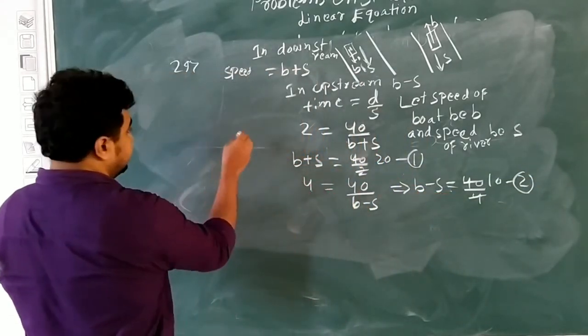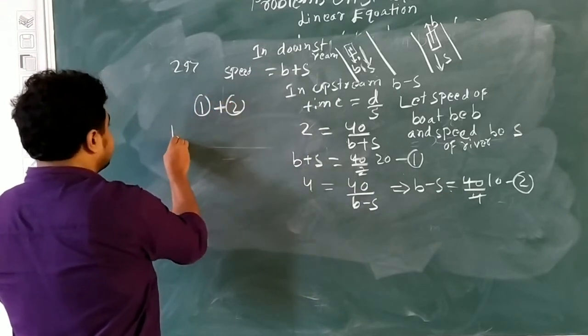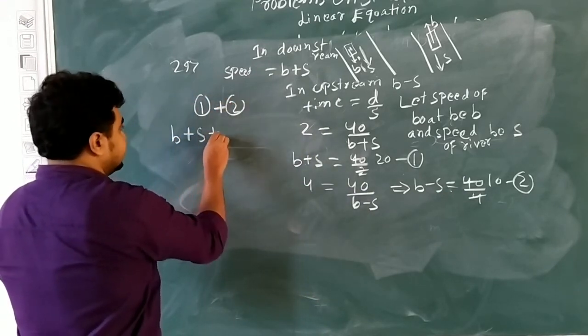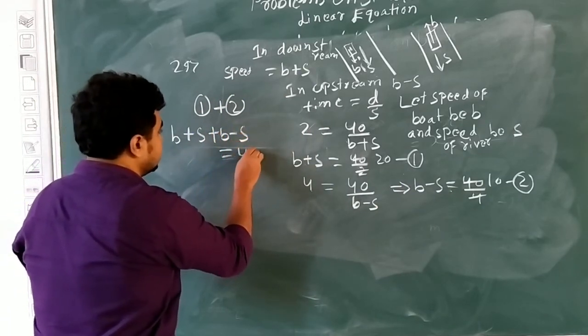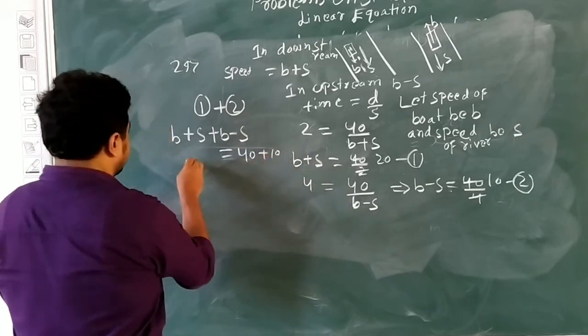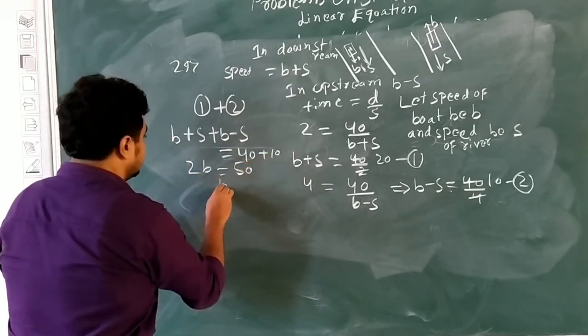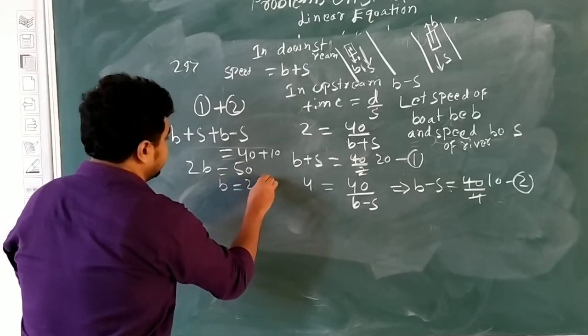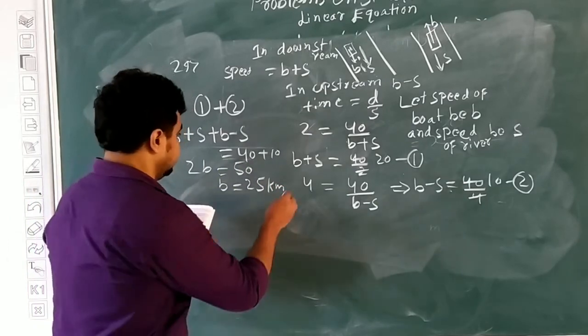So if I add both equations 1 and 2, what will happen? v plus s and v minus s will be equal to 20 plus 10. So 2v is equal to 30, v is equal to 15. So this is the speed of the boat. We have to find the speed of the stream.